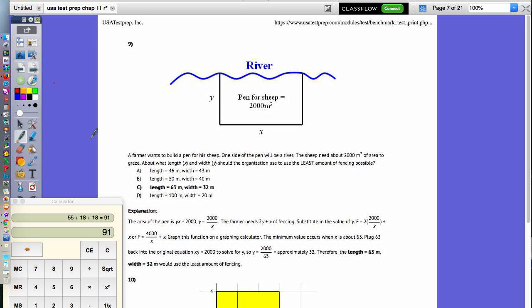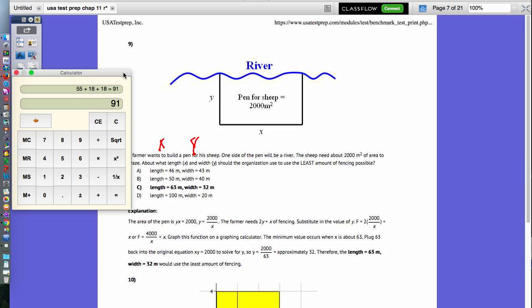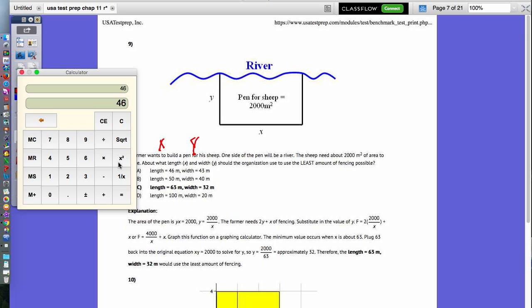For number 9, I know they give you a function here, but I would do the same thing. This is X, this is Y. So you have 1 length and 2 widths. So with letter A, 132 feet of fencing. 50 plus 40 plus 40, one length, two widths is 130.